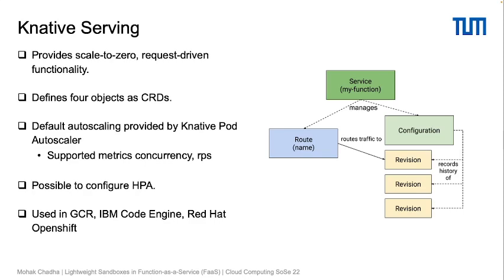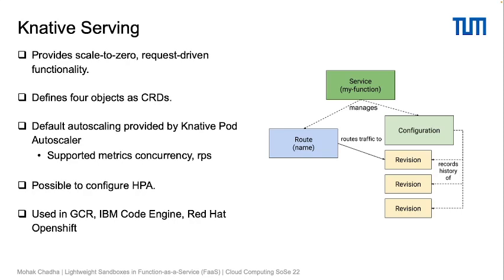But it's also possible to use the Horizontal Pod Autoscaler. What is the Horizontal Pod Autoscaler in Kubernetes? It was not taught? Okay, HPA is also used for scaling, but you can configure it to scale a pod with respect to, for example, CPU consumption.